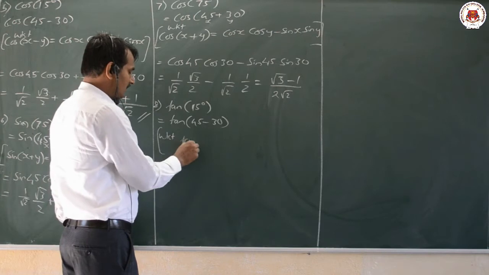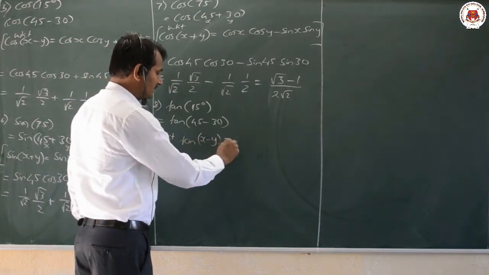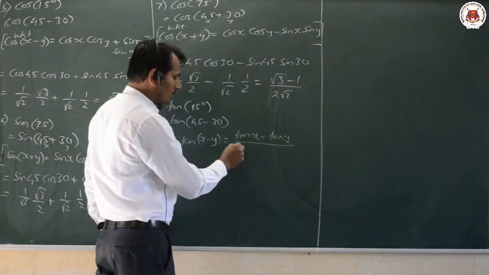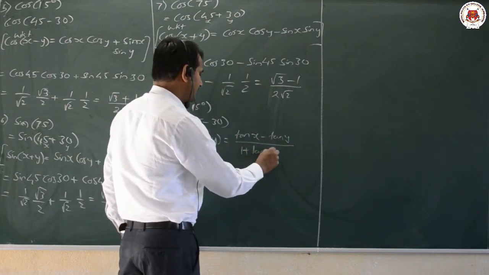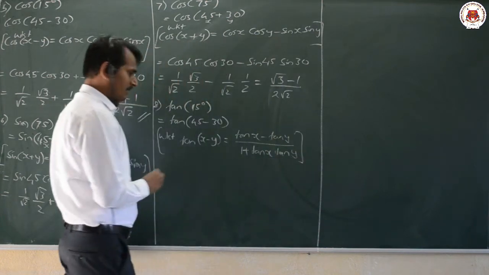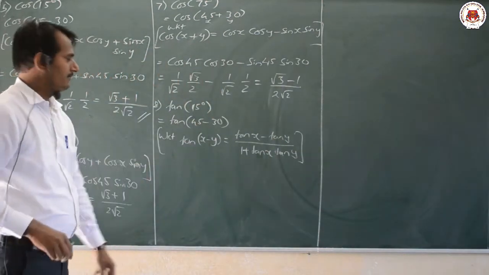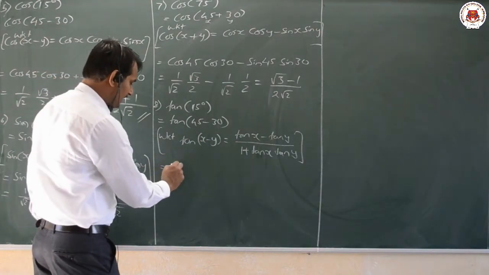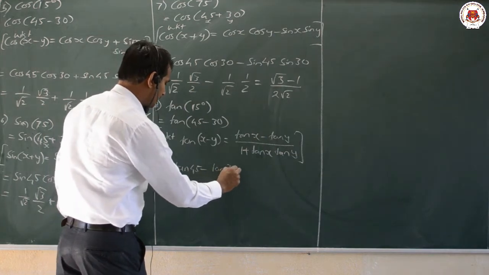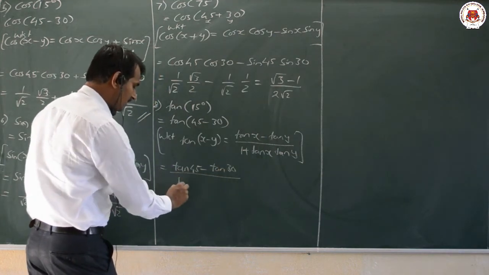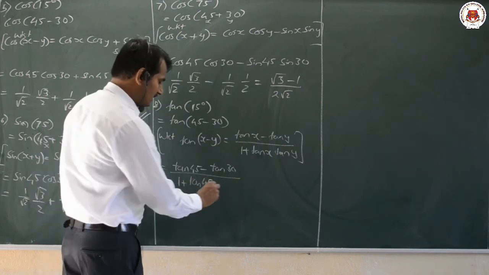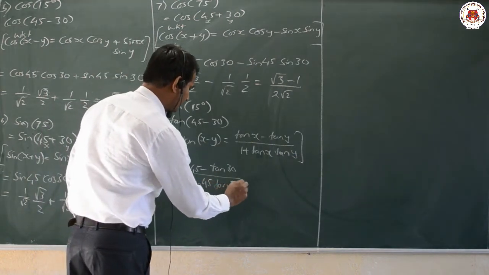We know that tan of x minus y is equal to tan x minus tan y whole divided by 1 plus tan x tan y. We know this formula, I will make use of it. What we get here is tan 45 minus tan 30 degrees whole divided by 1 plus tan 45, then tan 30 degrees.